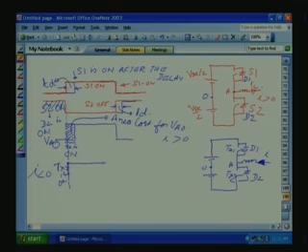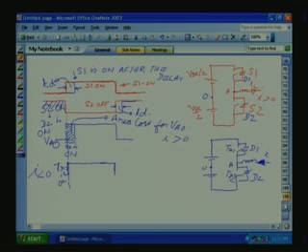and so till this point we are turning on S2. See, current is negative, T2 will be conducting.